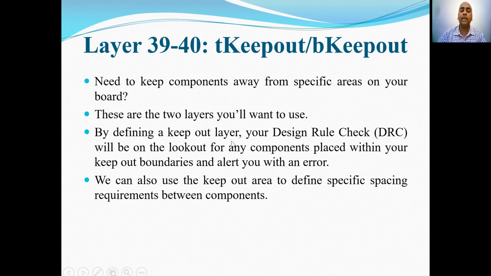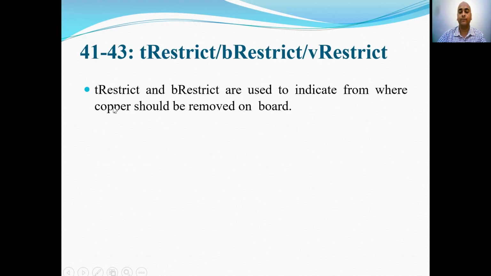By defining a keep out layer, your design rule check will be on the lookout for any components placed within your keep out boundaries and alert you with an error. We can also use keep out areas to define specific spacing requirements between components.